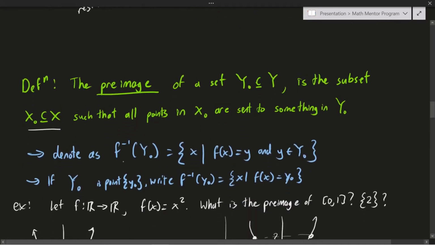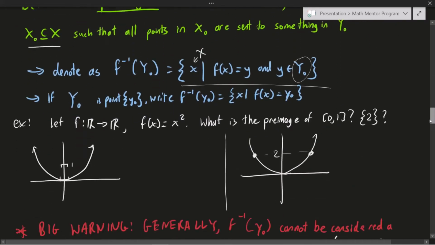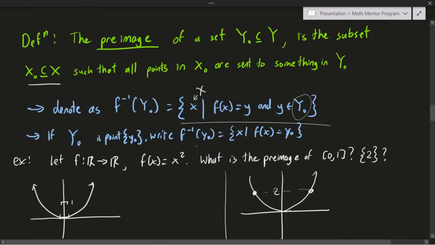We will denote this as f inverse of Y naught, and if you're curious about the set notation, here it is. We're looking at all the points little x in big X such that f of x is some point in big Y naught. If big Y naught is a single point, as I drew in this image up here, then we will write big f with a little minus 1 of that single point.